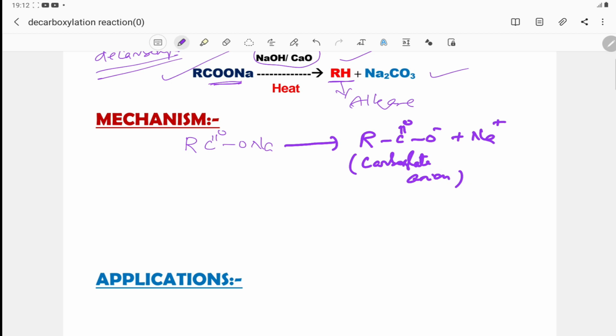This carboxylate anion loses carbon dioxide.